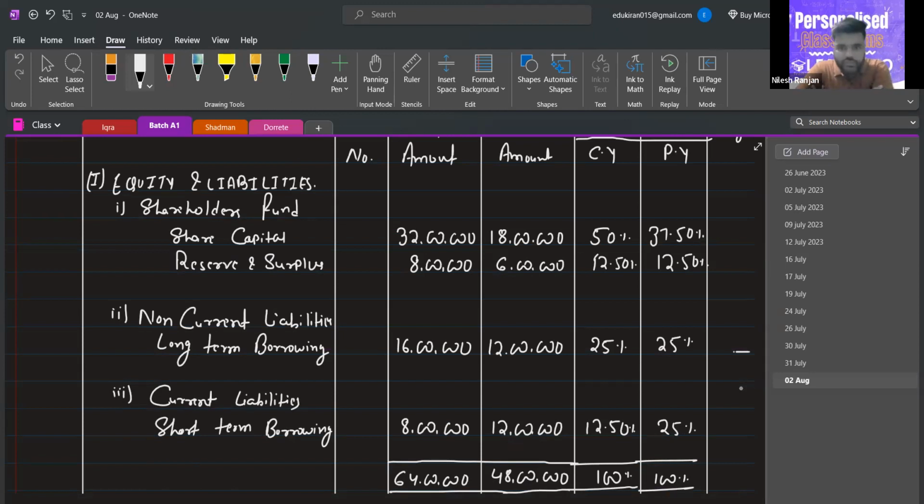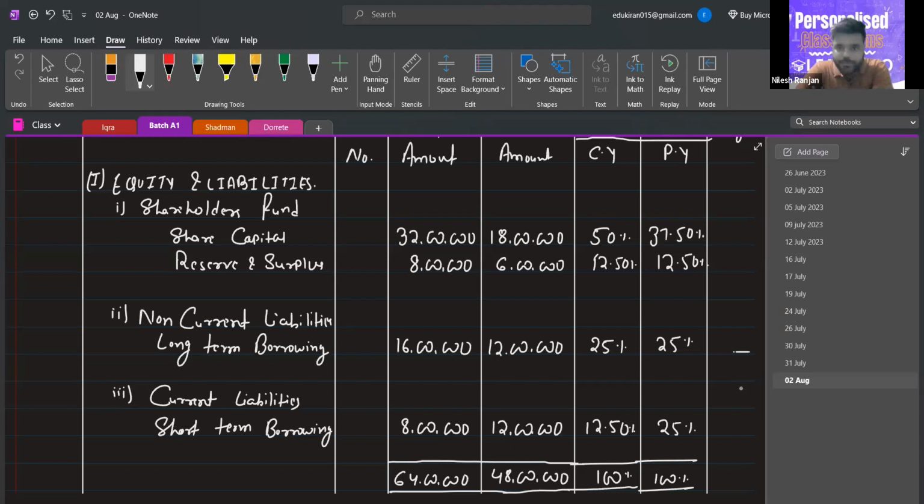Reserve and surplus is 12.5%, long-term borrowing is 25%, and short-term borrowing is 12.5%. But in the second year, share capital has become 37.50%, and every other item is the same. Only short-term borrowing is increased, from 12.50% to 25%.